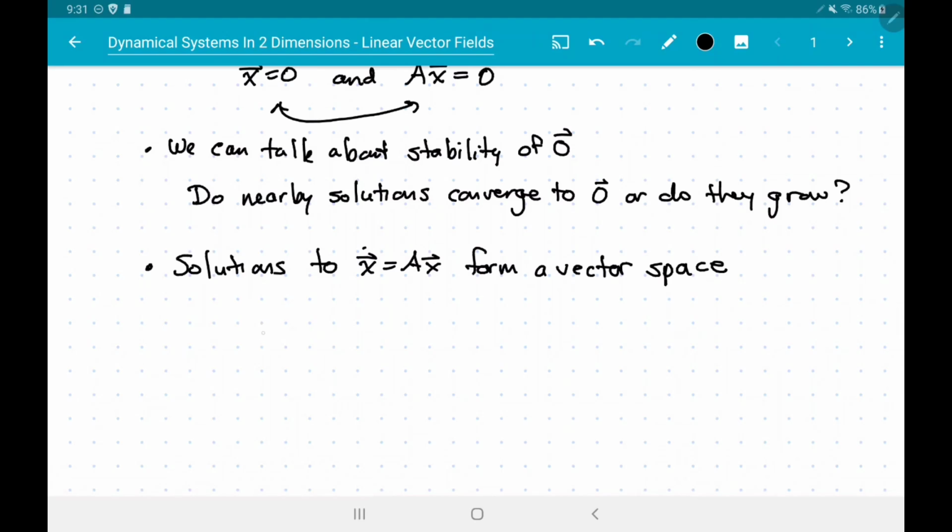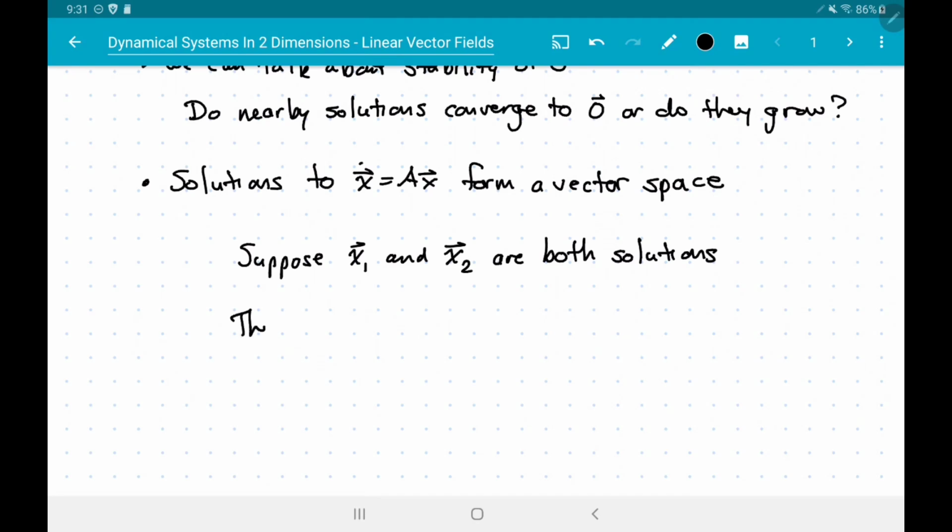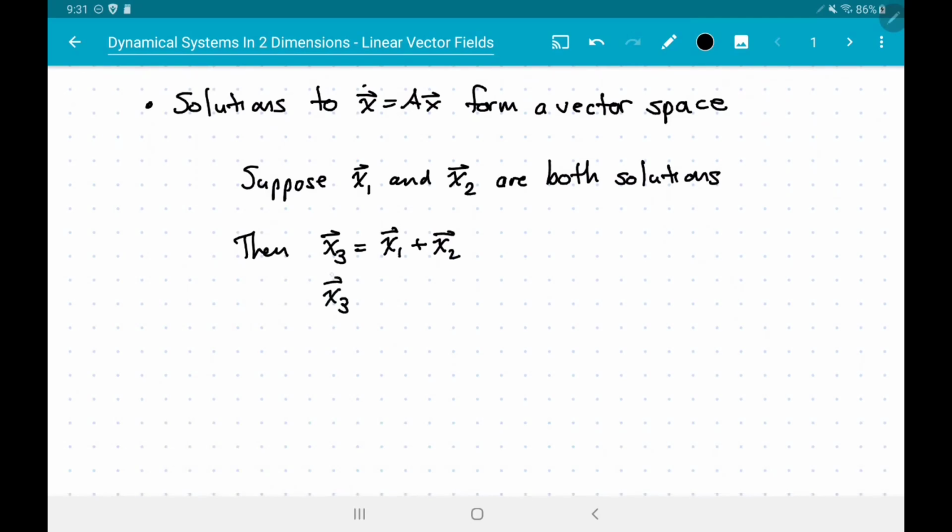But if we had two solutions, so suppose x1 and x2 are both solutions, well, then if I let x3 equal the sum of x1 and x2, its time derivative is the sum of the time derivative of x1 and the time derivative of x2.